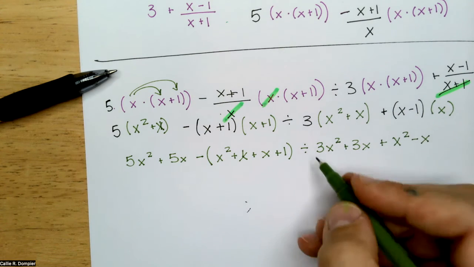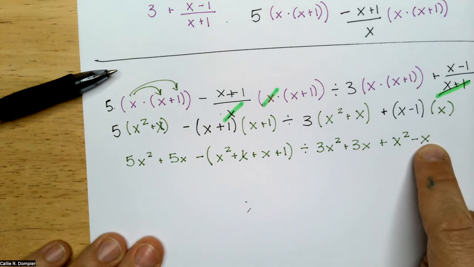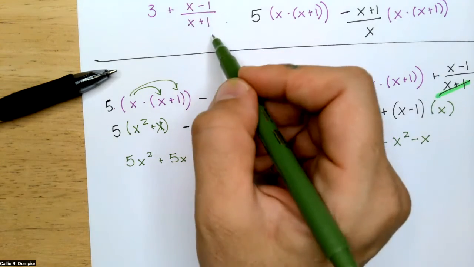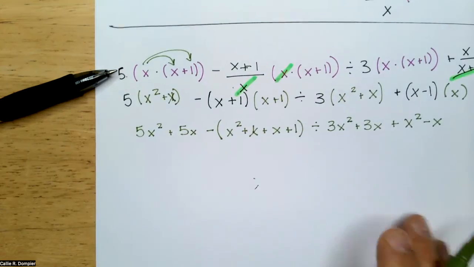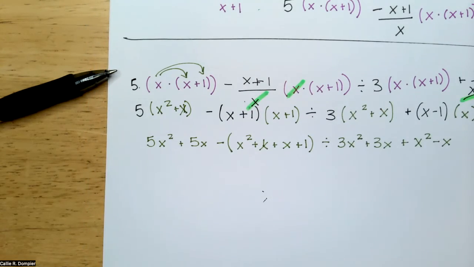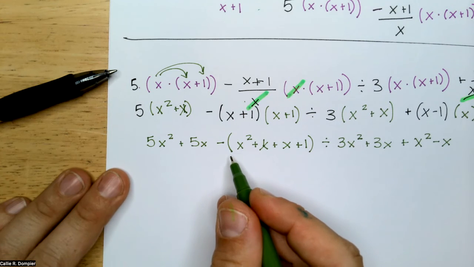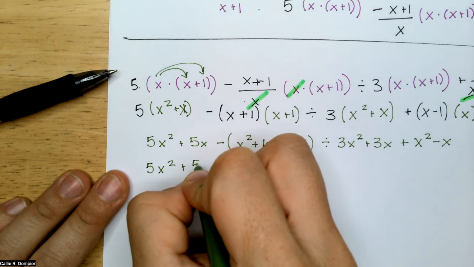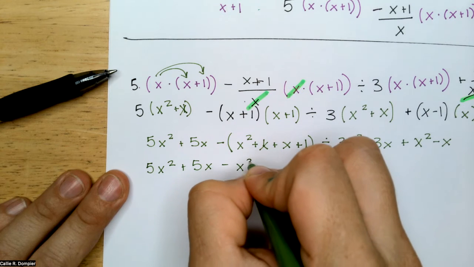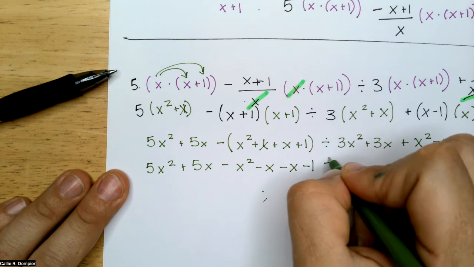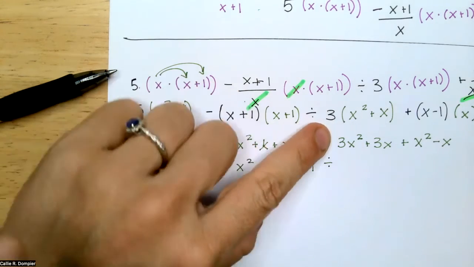Good. So now that I got rid of all my fractions, I can change it back to vertical if I want. Or you can combine like terms, whatever you prefer. I'm going to distribute that negative sign. So I have 5x squared plus 5x minus x squared minus x minus 1 divided by, what can I combine here?